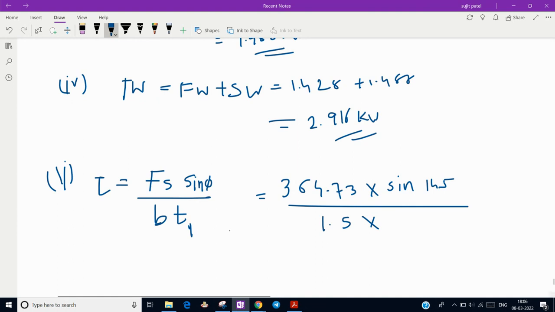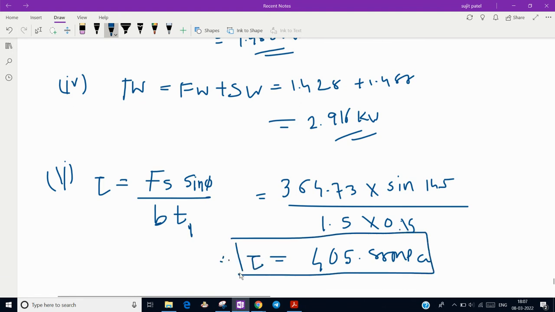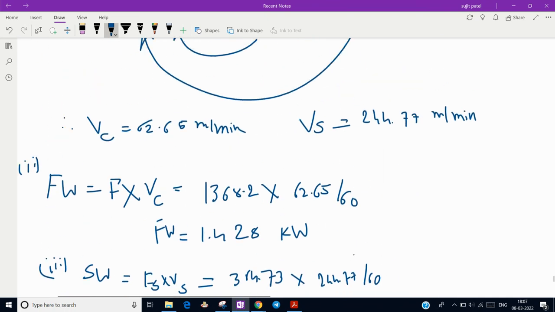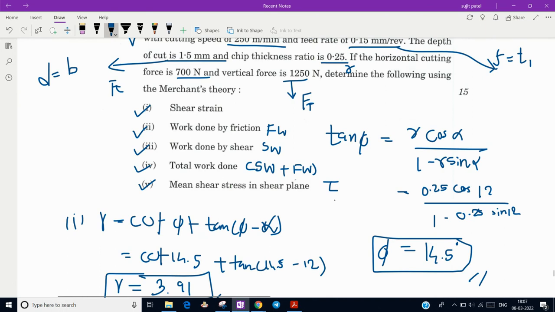Sorry, depth of cut is 1.5 mm and feed rate is 0.15. When you solve this, you will get 405.88 megapascal. So this is the answer of shear stress, and in this way we have calculated all the values that they required.